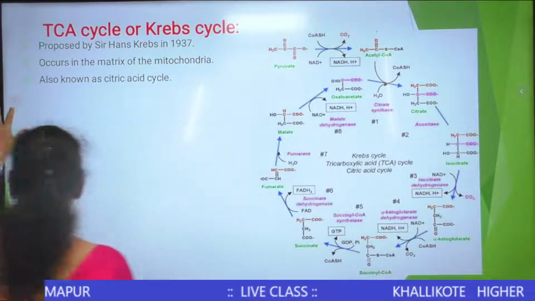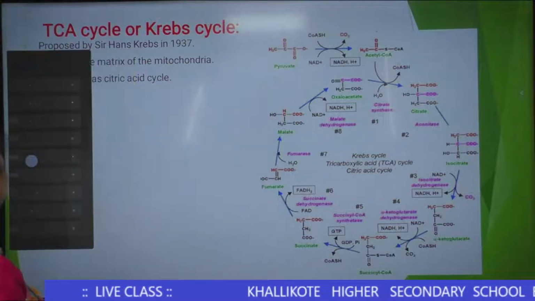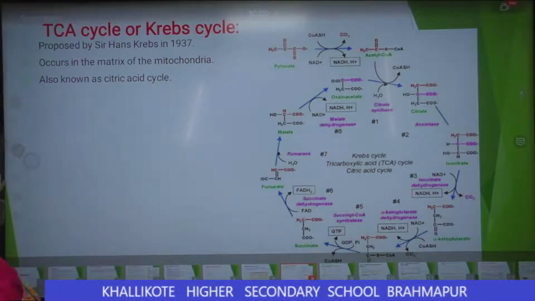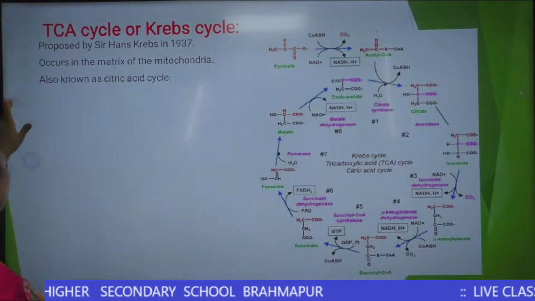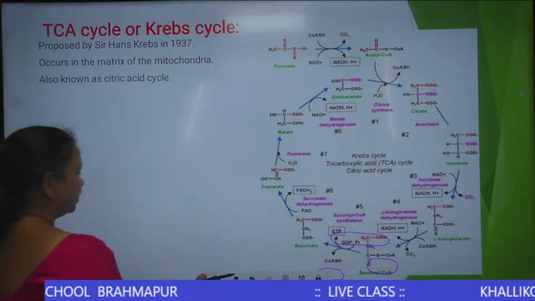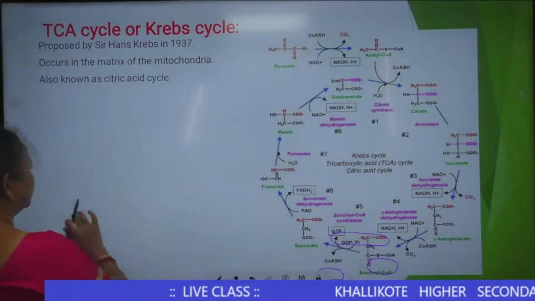We can see where this TCA cycle operates, in the matrix of the mitochondria. We can see the structure of the mitochondria.